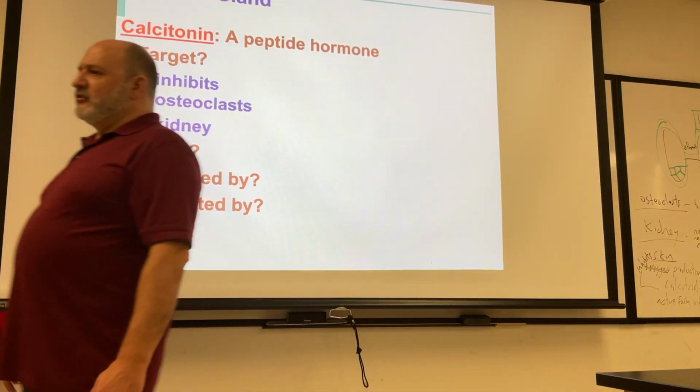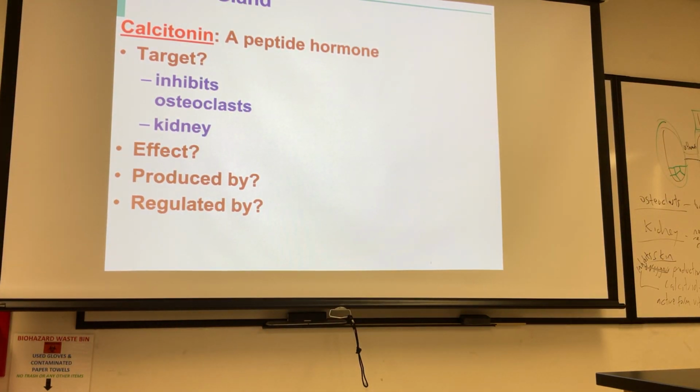All right, so again, these are produced by the parafollicular cells, and how do you think calcitonin levels are regulated? Humorally. By what? Calcium. Excellent. It's measuring the calcium levels in the blood. If calcium levels go too high, then our thyroid gland releases calcitonin to bring those calcium levels down.